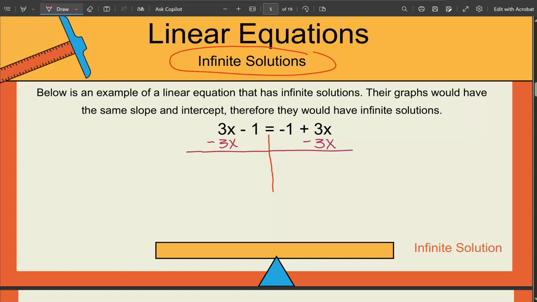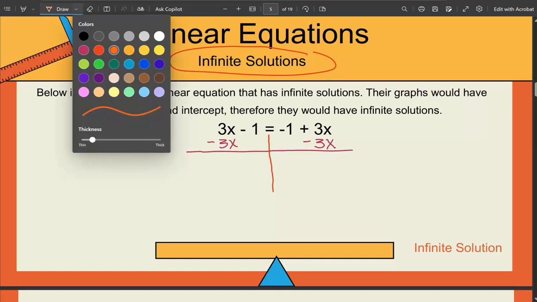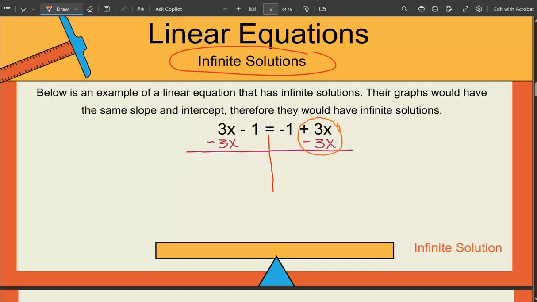And if you notice again, what happens here is this zeroes out and this zeroes out. And so I'm left with -1 is equal to -1. Well, that's a true statement. That's the truth. So anytime we have a true statement, my answer will be all real numbers.